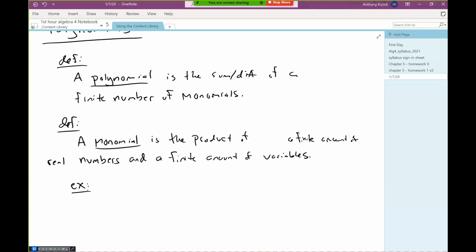Okay. So what does that mean in practice? Something like 3x to the third is a monomial, because we could think about this as 3 times x times x times x. Everybody's okay with that?